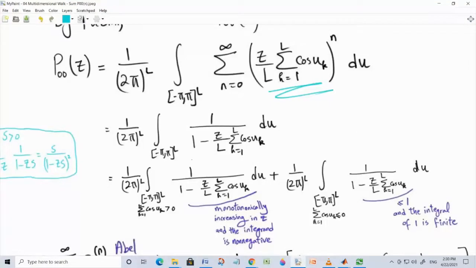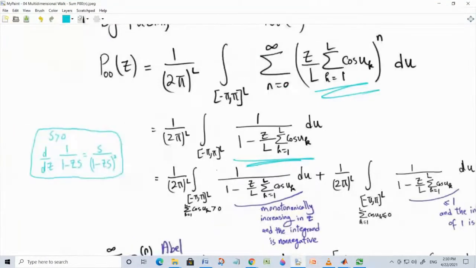So it is a geometric series, and this is the result that we get. Now we will apply the limit as z goes to 1, because we want to know whether the states will be transient or null recurrent. In one dimension, we already know that they are null recurrent, but again, we want to solve now in terms of L. For every L, I want to know the answer.